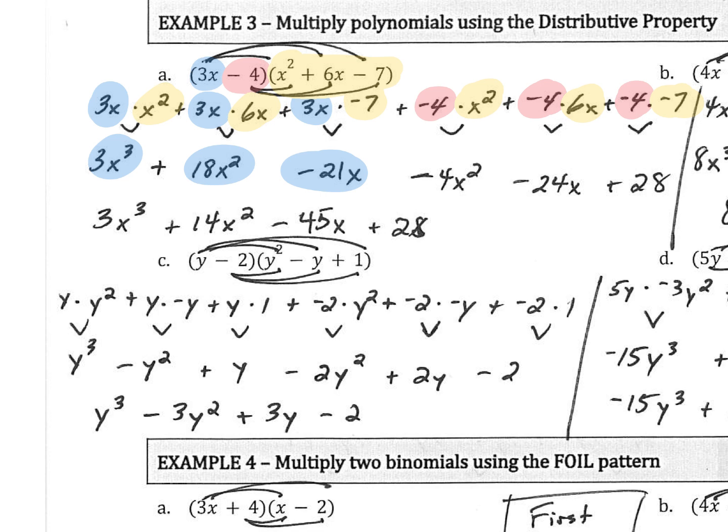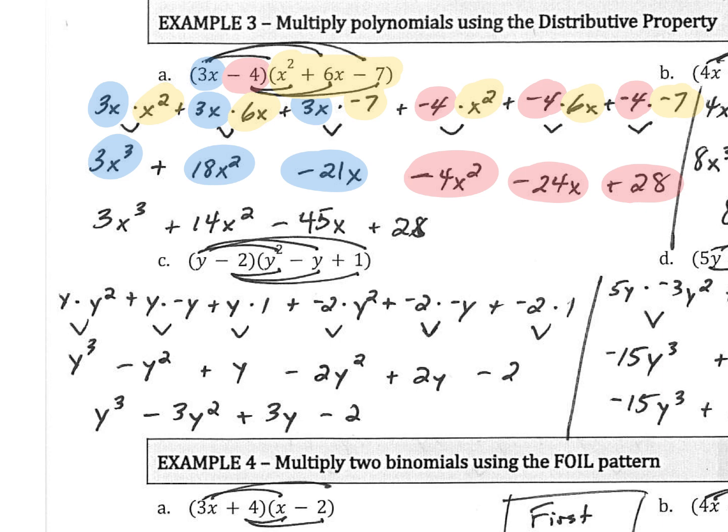Negative 4 times x squared is negative 4x squared. Negative 4 times 6x is negative 24x. And negative 4 times negative 7 is positive 28. So it's important that you write all your numbers in a row. Okay, that way everything stays nice and neat.